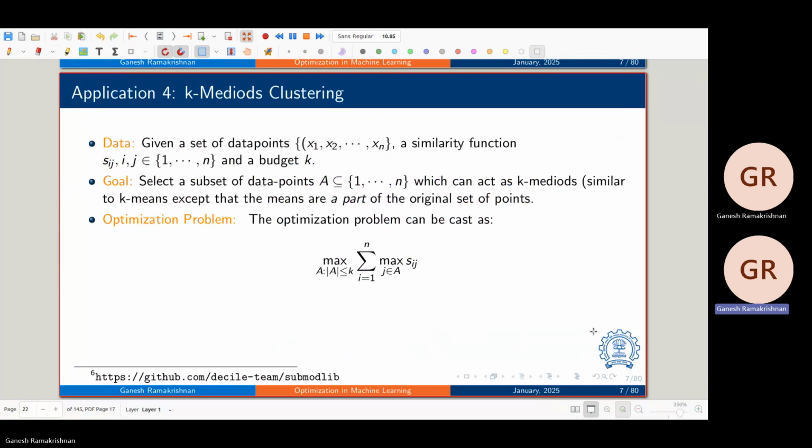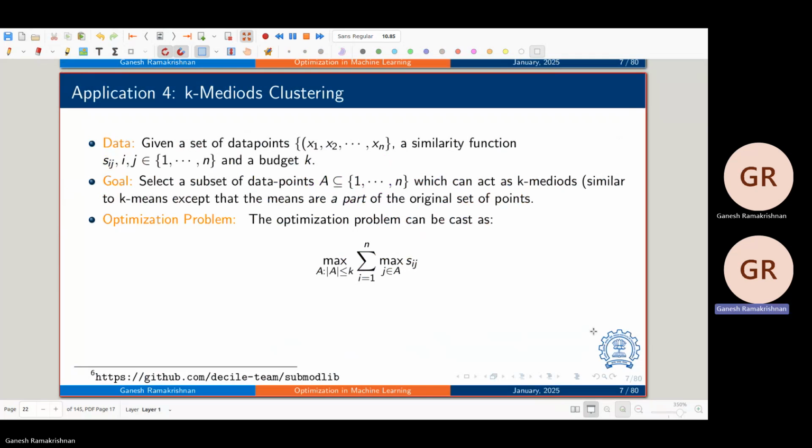This is Xj. This is another Xj, this is Xj prime. So this is one distance or one similarity. Let's use similarity, not distance here. So this is one similarity.